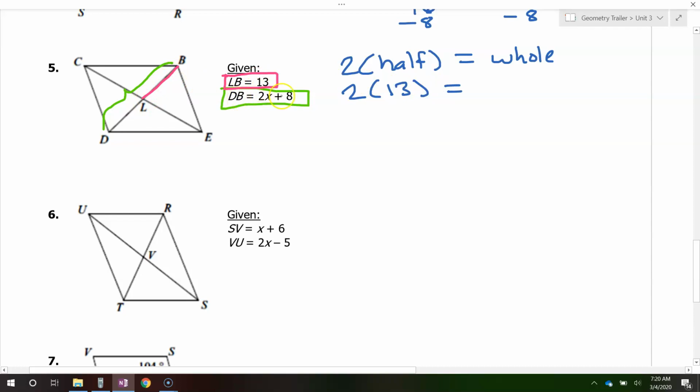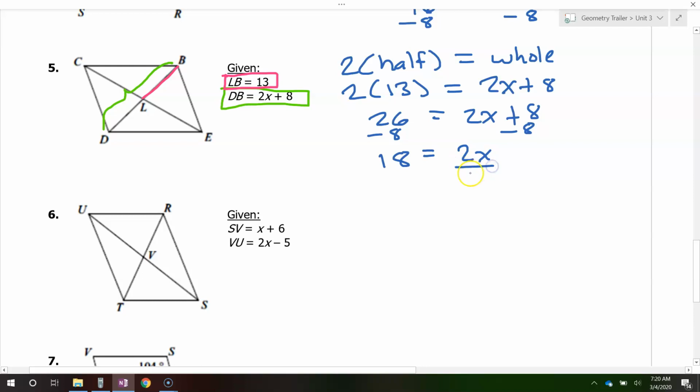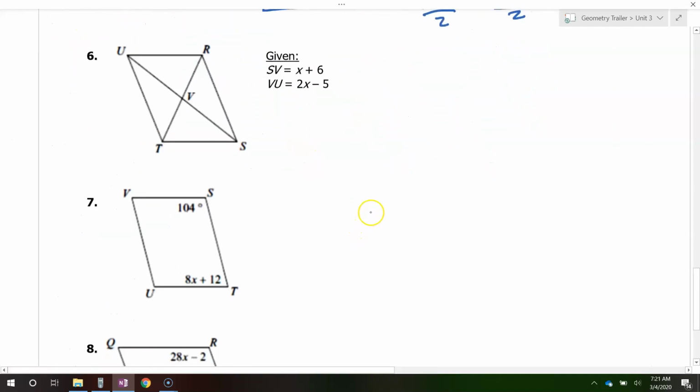And the whole is the green, 2x plus 8. So that means I have 26 is equal to 2x plus 8. Subtracting 8 from both sides is going to give me 18 is equal to 2x. So if I divide both sides by 2, I get x equals 9. All right, not too bad.